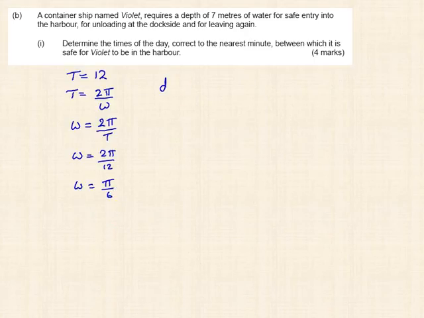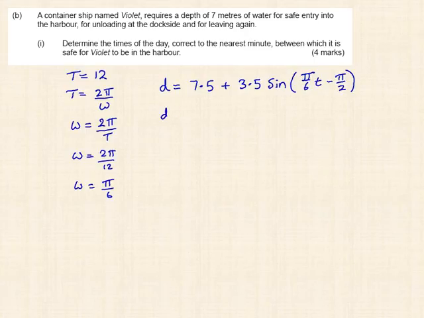So if we consider the depth, first of all, the mean point was at 7.5. Then the amplitude was 3.5. And if we do this as a sine, we're going to have ωt, but we know it started at the minimum, so we'll do minus π by 2.